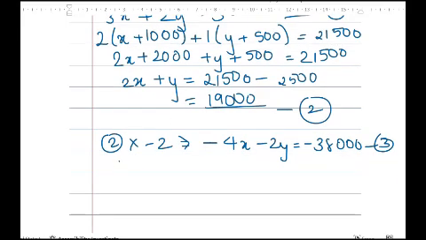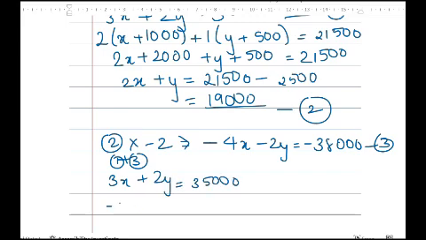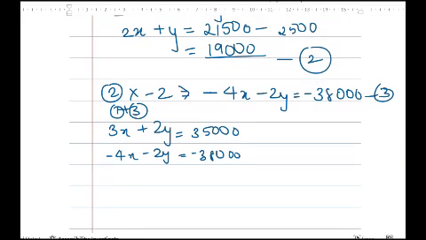then what we can do is equation 1 plus equation 3. So that's 3x plus 2y is equal to 35,000 and minus 4x minus 2y equals minus 38,000.